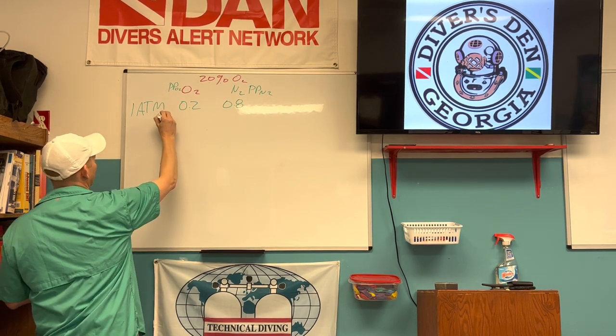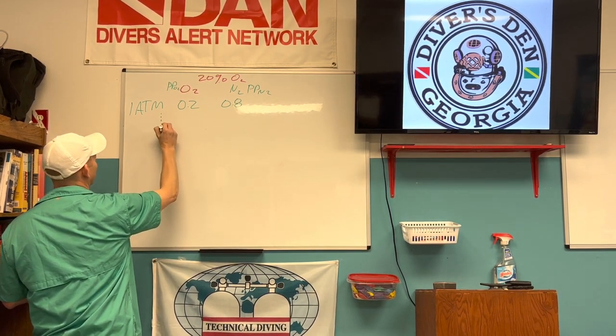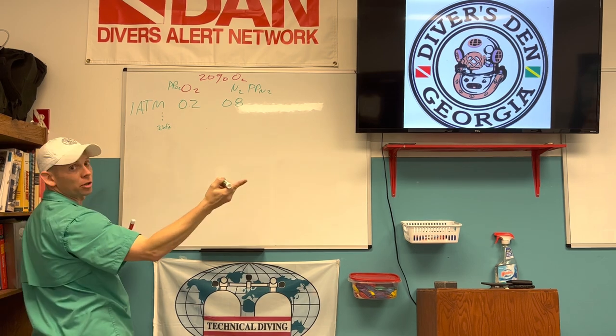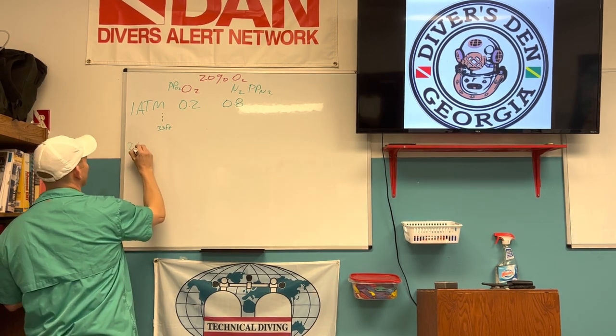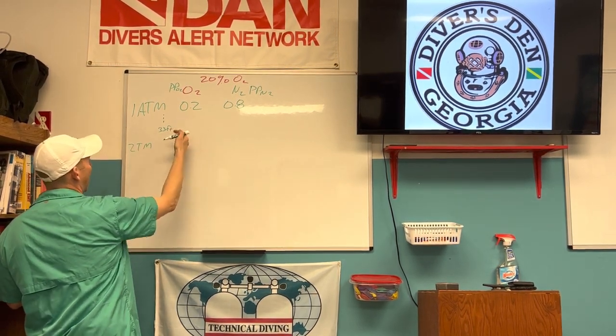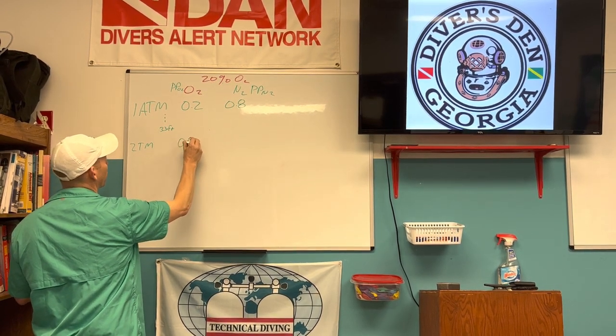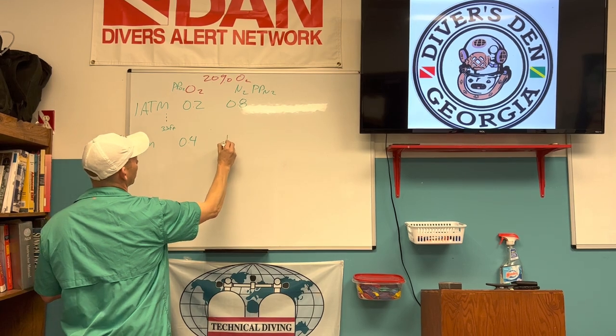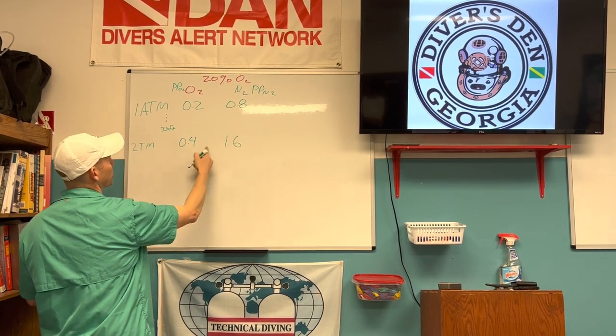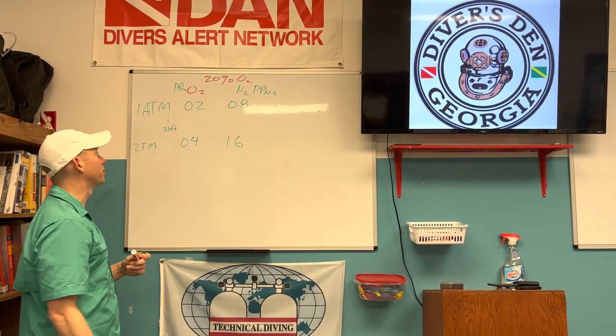If I were to go down an additional 33 feet to 2 atmospheres total, they would have to add up to 2 atmospheres. So in this case, it doubles: 0.4 and 1.6. 1.6 plus 0.4 is 2 atmospheres.